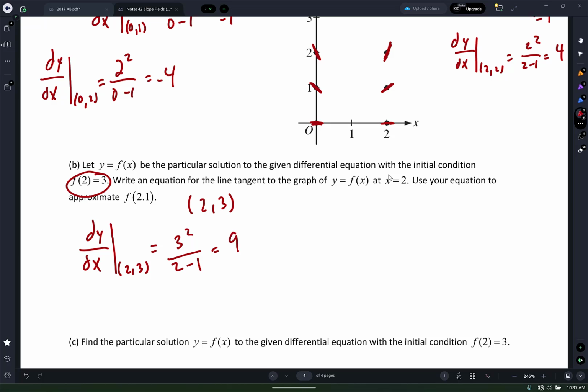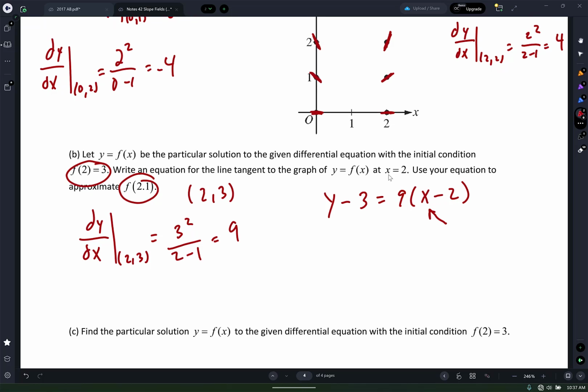Cool or not cool? Here's my tangent line. y minus 3 equals 9 times (x minus 2). Are we still okay? All right, move the 3, and what am I going to plug in for x to approximate it? 2.1. So I'm going to write f of 2.1 is approximately 9 times (2.1 minus 2), plus 3.